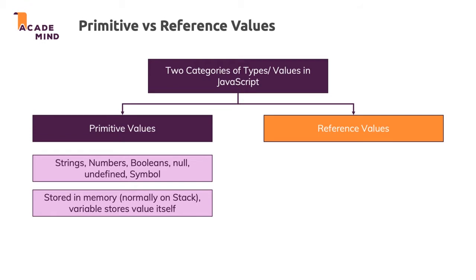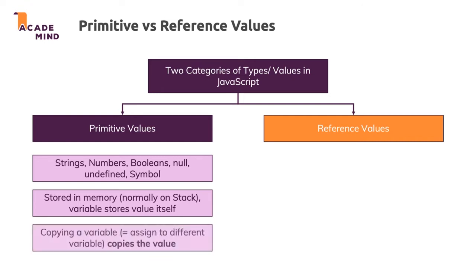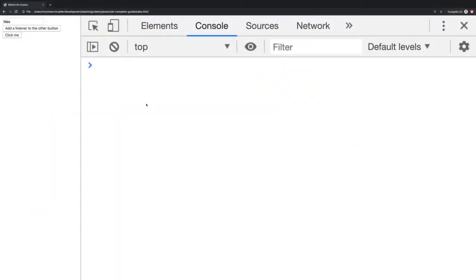More important to us, and the key difference between primitive and reference values, is that when you copy a variable, which means you assign it to a new one, which holds a primitive value, then the value is actually copied. Now, we took this for granted thus far, but the implication is quite important. If you open up your browser developer tools console on any web page you want, maybe the one we just worked on or a brand new one, doesn't matter.